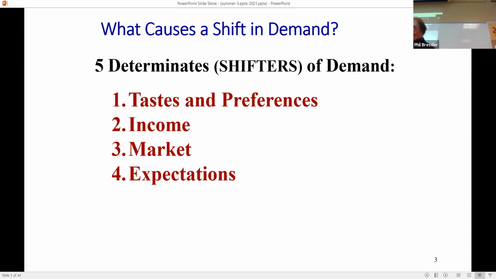And of course, it goes the opposite. If people expect the price of cars to go down, then the demand now for cars will decrease. So there's the T for time, and the R is related goods. Related goods are substitutes and complements, which I'll talk about in a second.